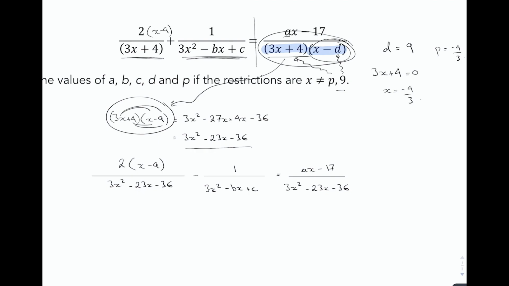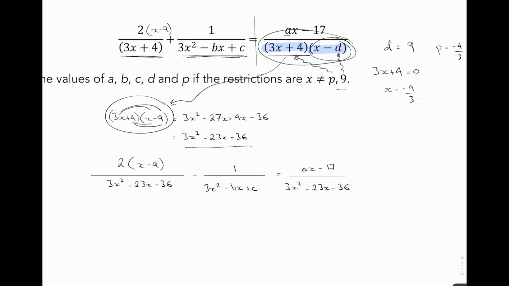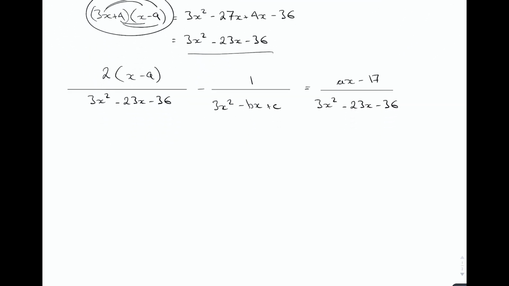Well, it looks like over here things start to emerge. The b value, the c value, the a value. Notice how all these coefficients line up. What do you think?